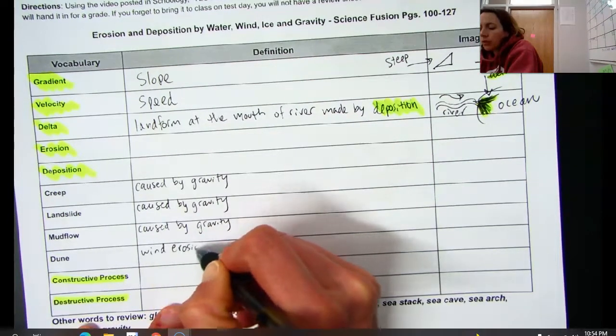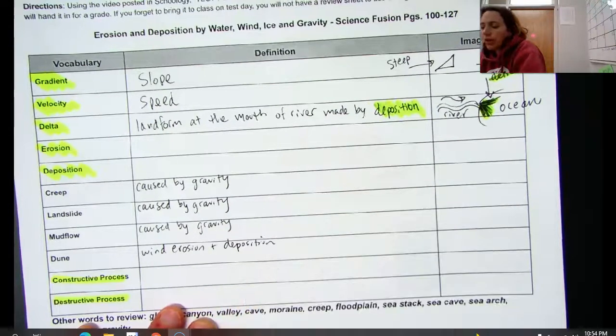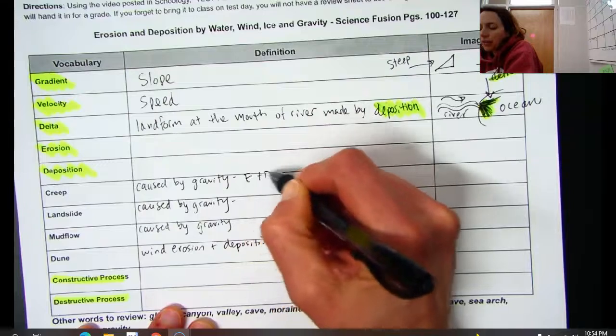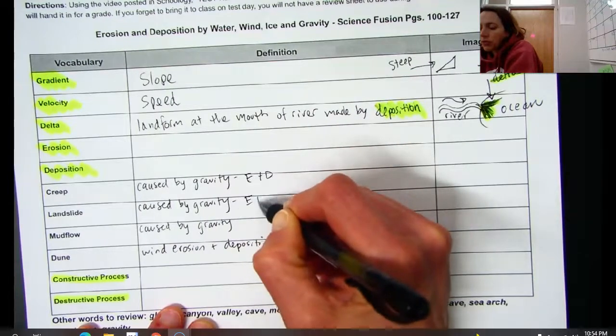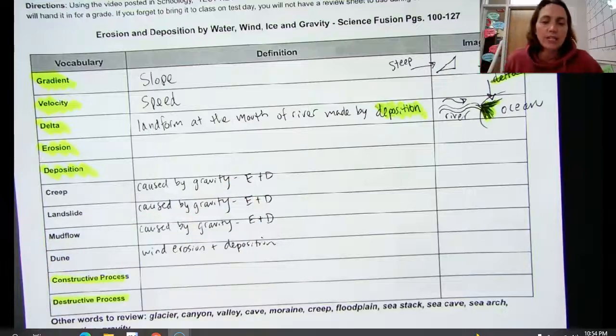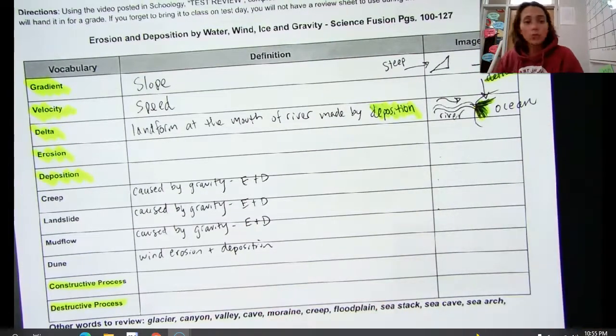Wind erosion and deposition. Okay. So gravity, erosion and deposition, erosion and deposition. So E and D, erosion and deposition. I'm making myself some notes. You can write it out if you need to. So you guys can draw yourself some pictures from the book to help you remember that.